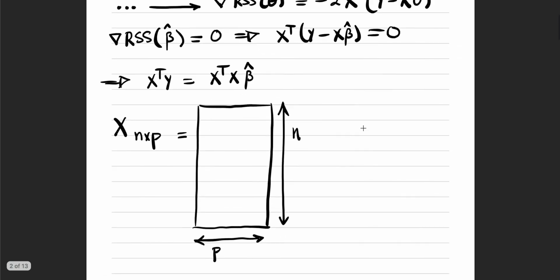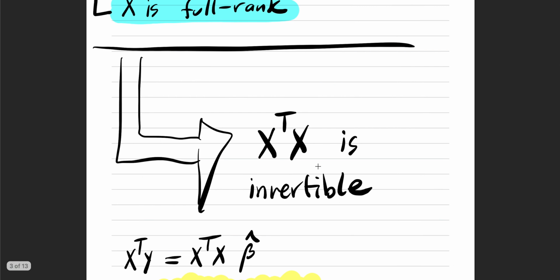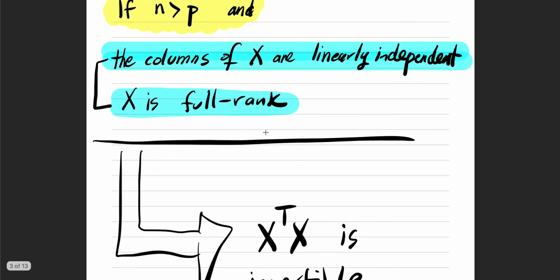Collinearity technically refers to the fact that X transpose X is nearly uninvertible, or it's not completely full rank.